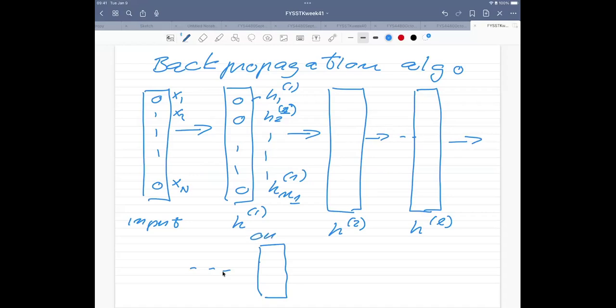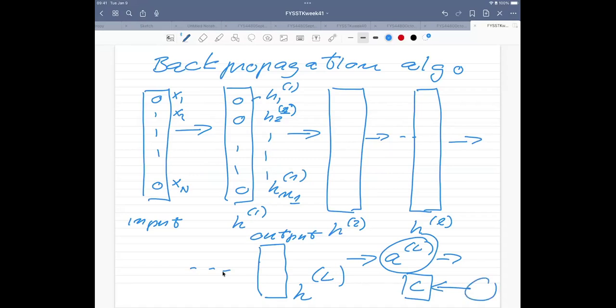And then I have the output layer, which I'm going to label with an uppercase letter L. This produces an output which we are going to call A of L. Previously we called it A1 or A2. This goes into the cost function, which we call C, and that also receives an argument, the target value Y.